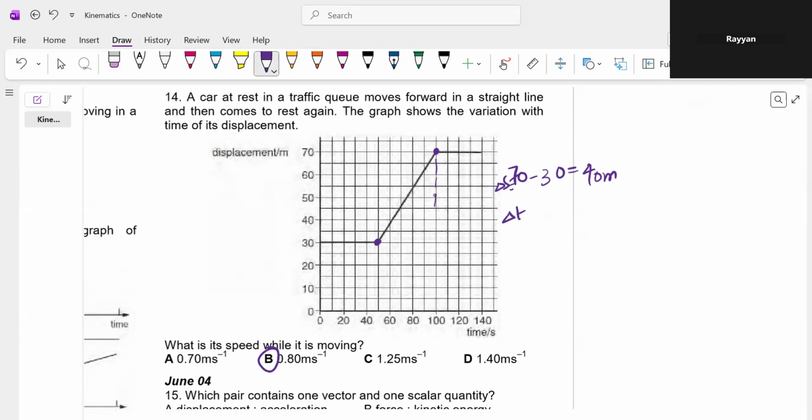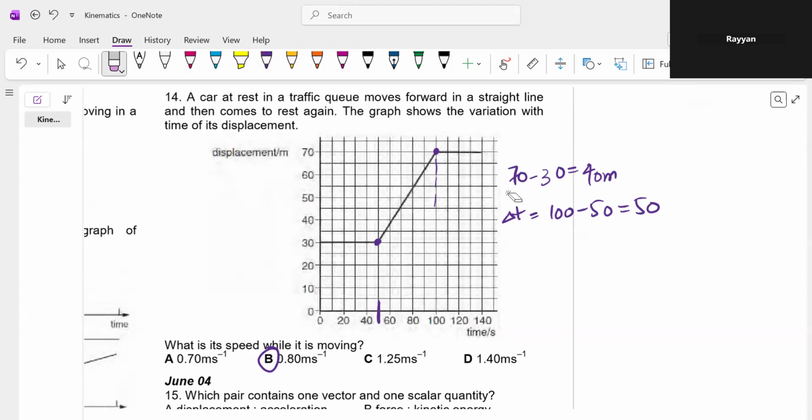This is 100 and this is 50. So the time is 50, right?